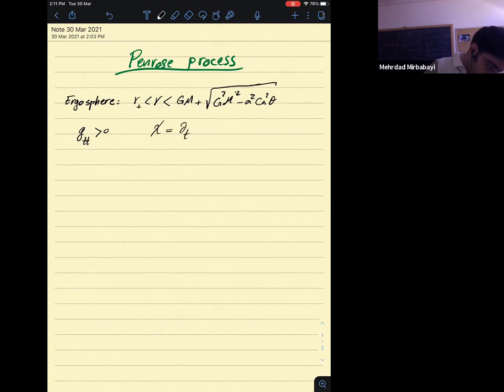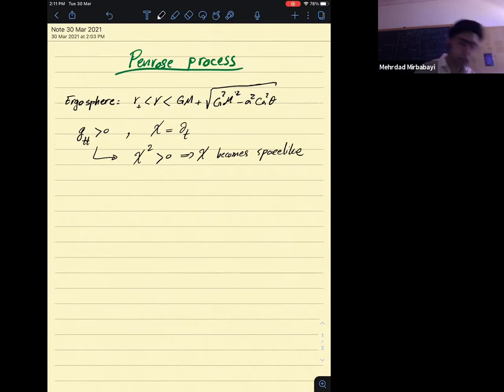So we had chi equals d/dt, and the consequence of g_tt being positive is that chi squared becomes positive, which means that chi becomes space-like. Now, what does it imply?